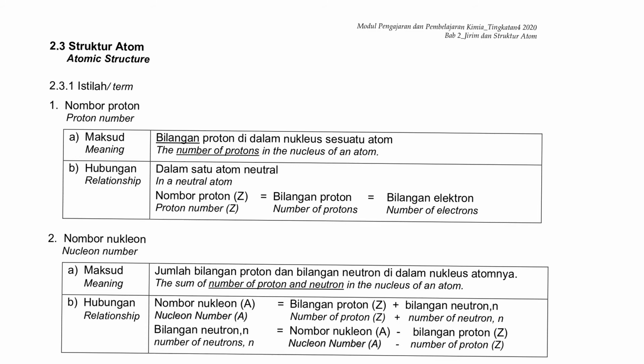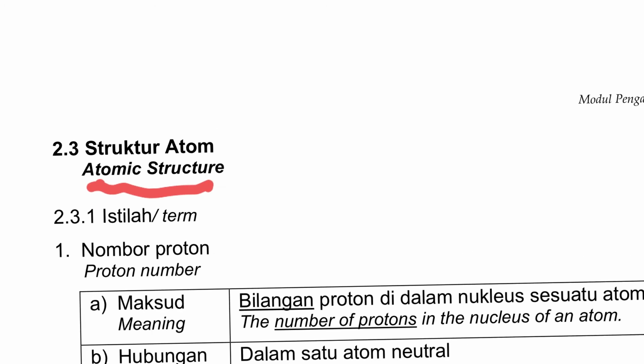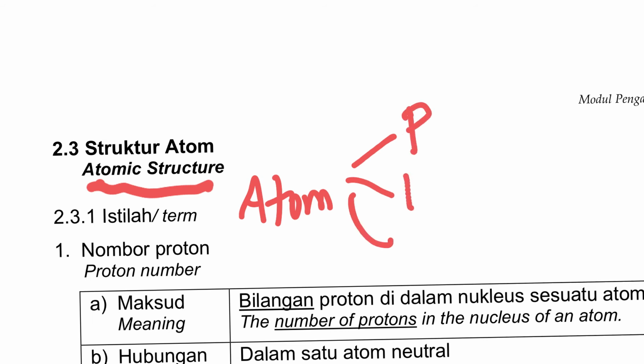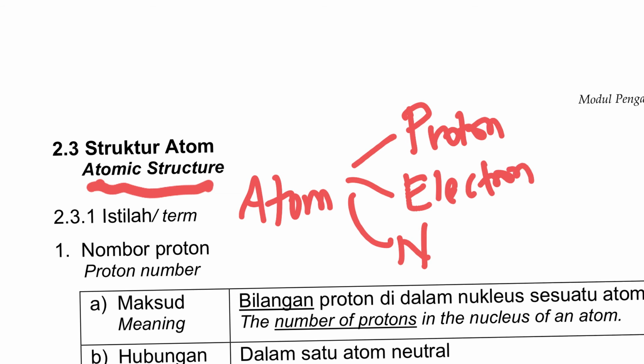We are now learning atomic structure, and when we talk about atomic structure, I hope you understand that an atom has 3 subatomic particles, which are P, E, and also N. P for proton, E for electron, and N for neutron. So we are going to understand these 3 subatomic particles in an atom.